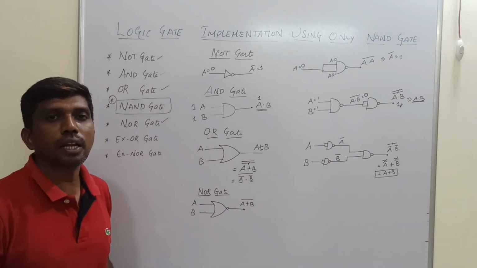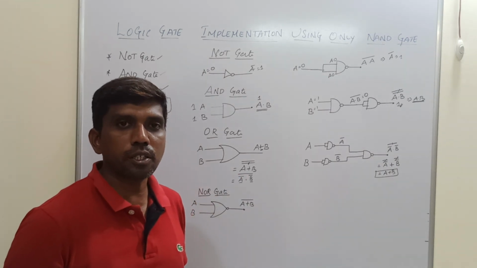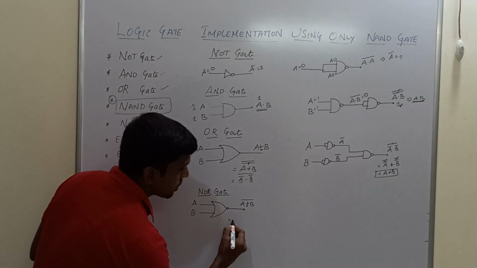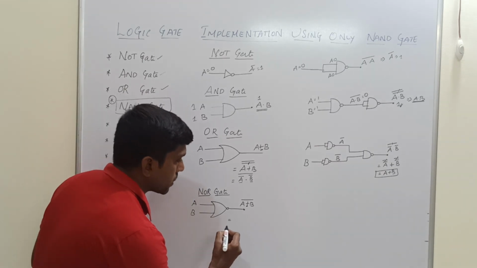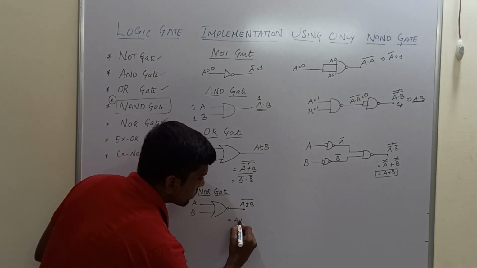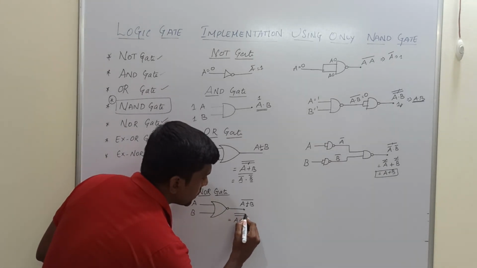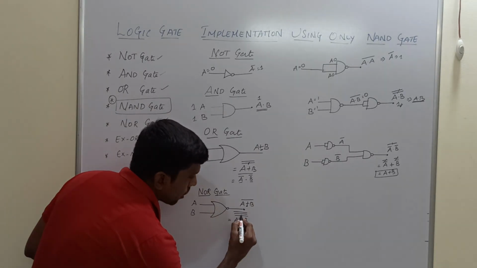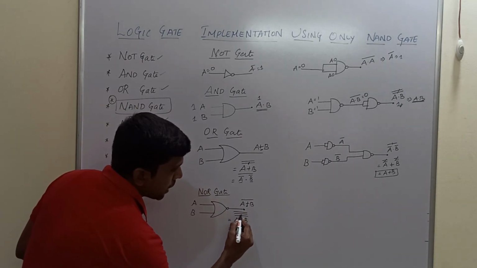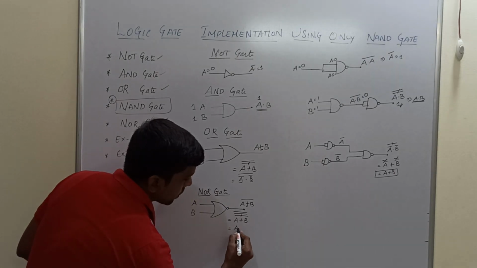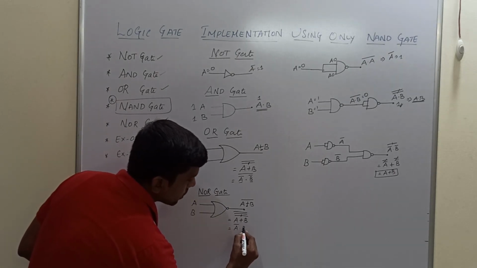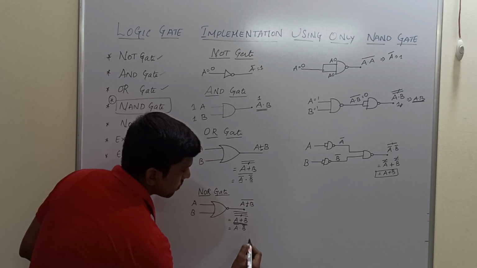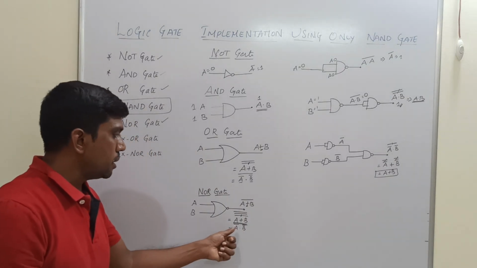I already told that in NAND gate a dot operator is present, but here a plus operator is present. So this plus is changed into dot operation. For that purpose, I am taking a double bar in the expression. Now I am going to apply De Morgan's theorem. Break the bar, change the sign. So A bar dot B bar, then double bar.